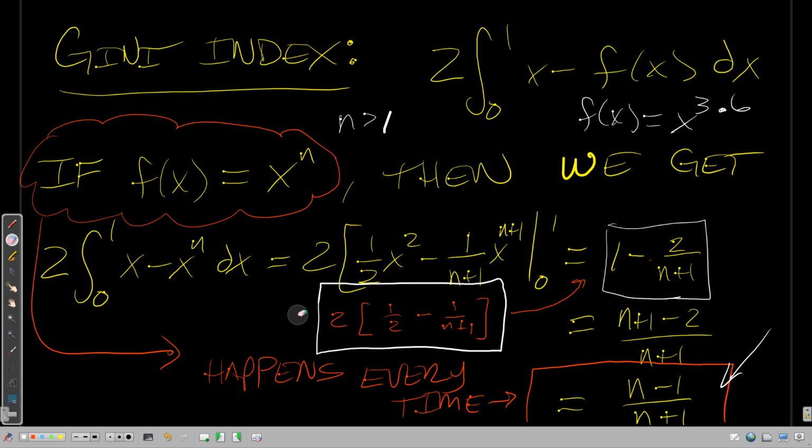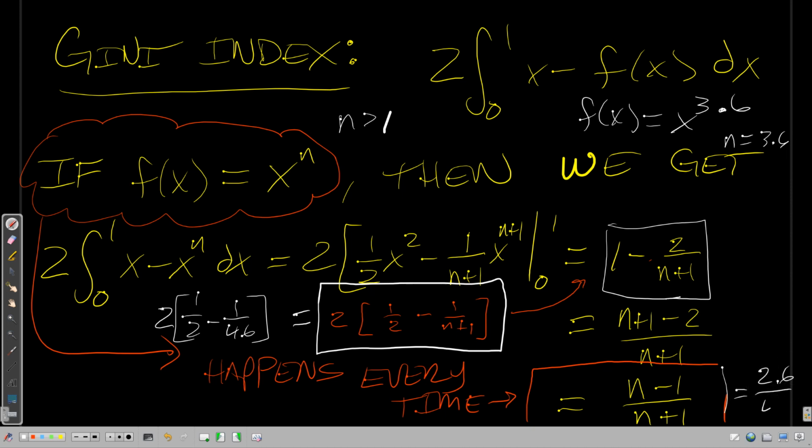Then at this stage here, I'd have 2 times 1/2 minus 1 over 4.6. And when I got to this other stage down here at the bottom, it would be 4.6 minus 1, or excuse me, I screwed up. It would be 3.6 minus 1 because my n is 3.6. So my answer would have been 2.6 over 4.6. Whatever number that is.